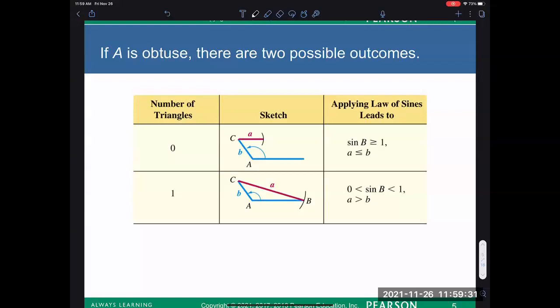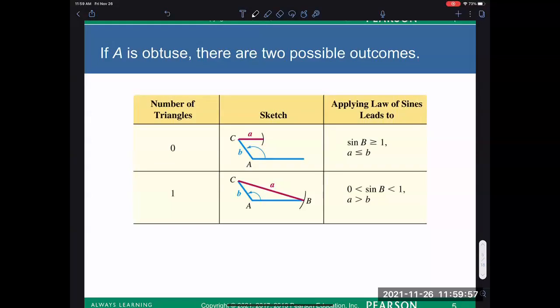A has to be longer than B in order to get down past that wider than 90 degree angle and reach the base. If it's less than or equal to B, there's no triangle. If it's longer than B, then you can make a triangle, and the length of C will be determined by where A lands on the base.